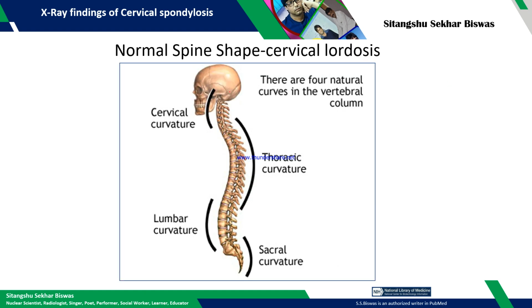So first we will understand the normal spine shape. This is our spinal cord, and mainly we are discussing the cervical portion. So this is the normal curvature, which is called the cervical lordosis.